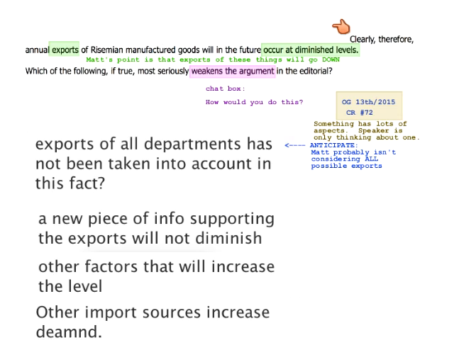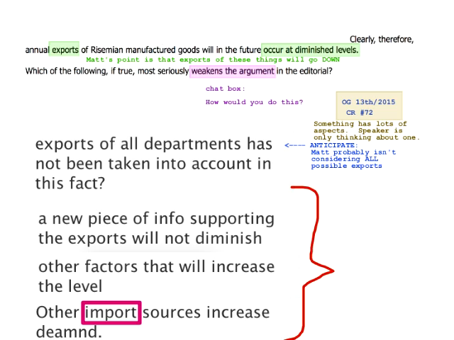Because whatever Matt's saying is probably true. Whatever exports Matt is thinking about probably will go down. But then you need to be thinking about other exports. So this is what you should anticipate. There's going to be some other source of exports. By the way, when you wrote import, Amy, I think you mean export, right?